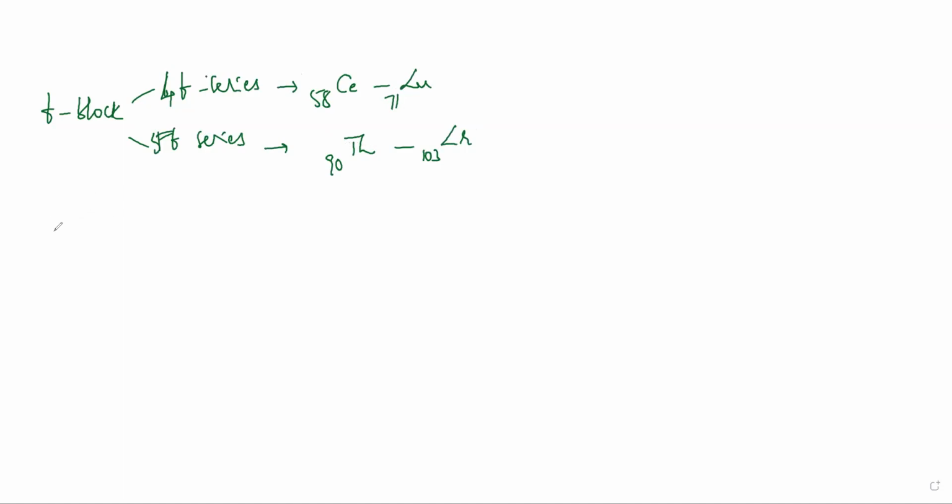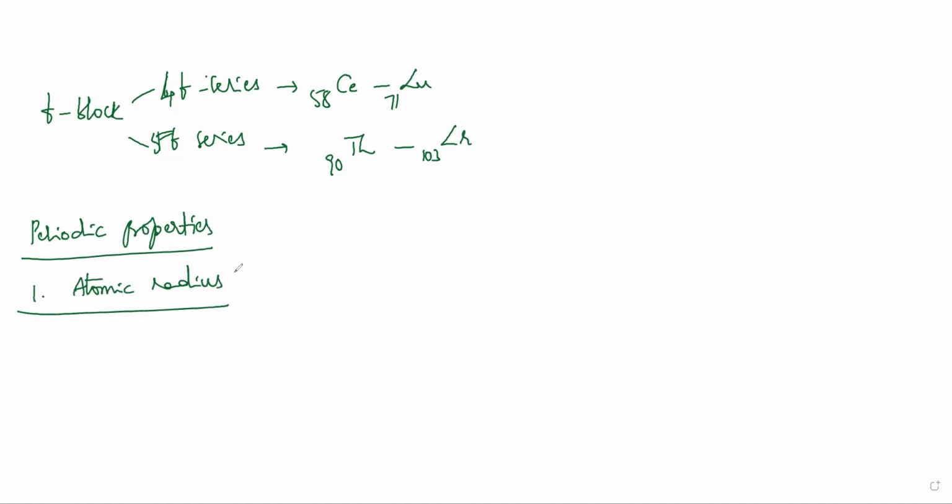Next, we'll move to periodic properties. Now, how many periodic properties are there? The first one is atomic radius. So what is atomic radius, sir?